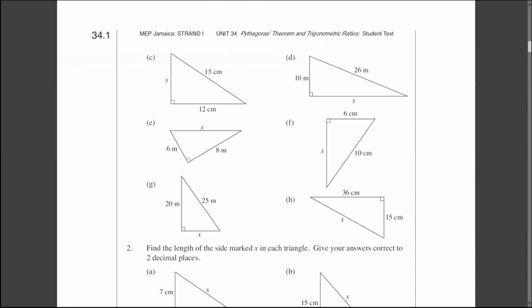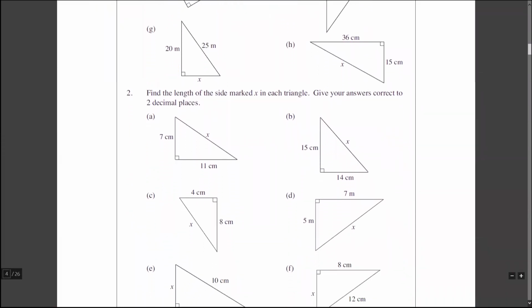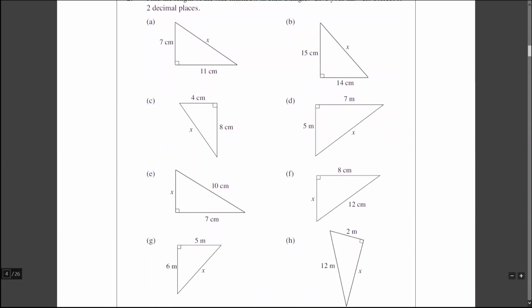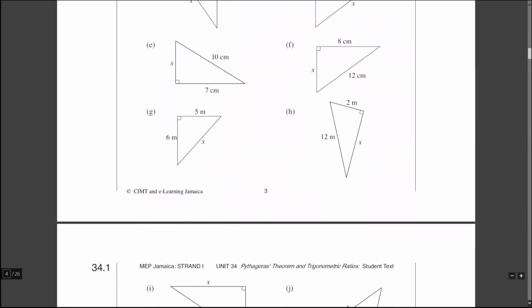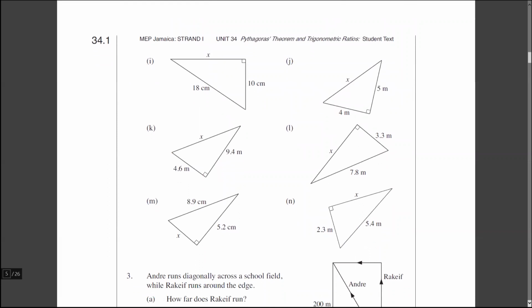You just need to remember the formula a squared equals b squared plus c squared. And then for these now, it says find the length of the side x in each triangle, give your answers correct to 2 decimal places. So this is just the same setup, but they're asking you for the additional piece.